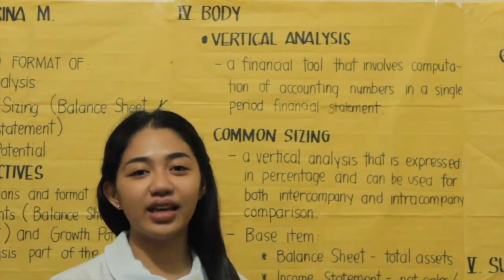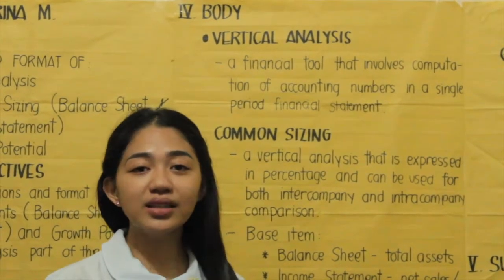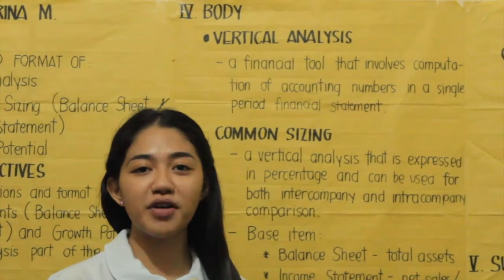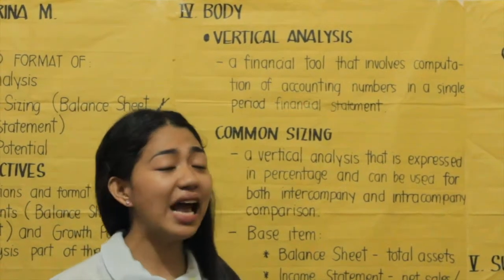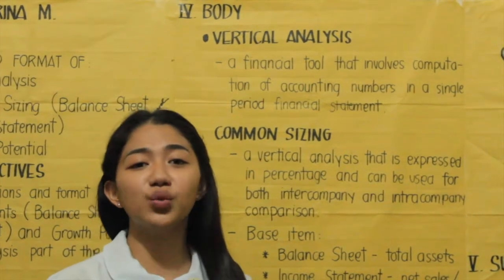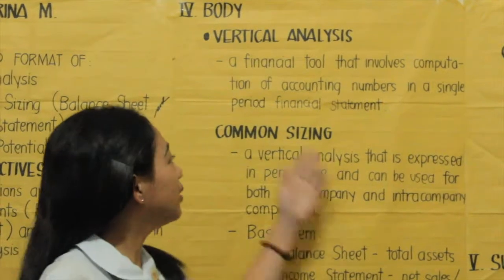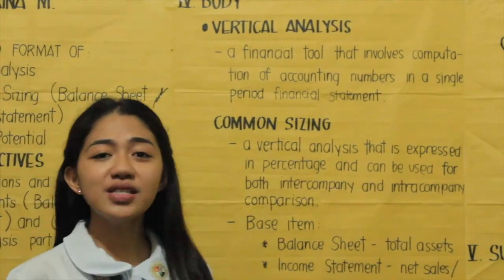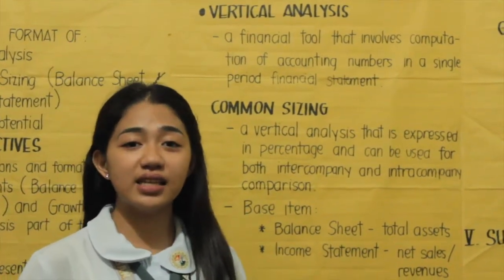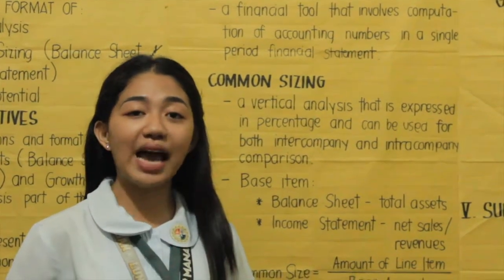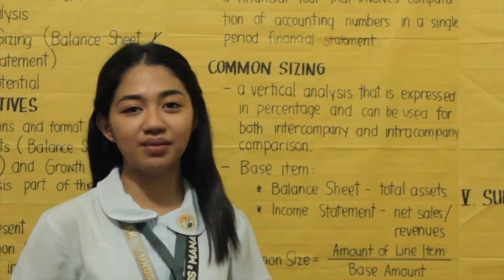Vertical analysis is a financial tool that involves computation of accounting numbers in a single period financial statement. As I've said, there are different ways to do vertical analysis, and one of which is common sizing. Common sizing is a vertical analysis that shows percentage relationship between items in a financial statement.